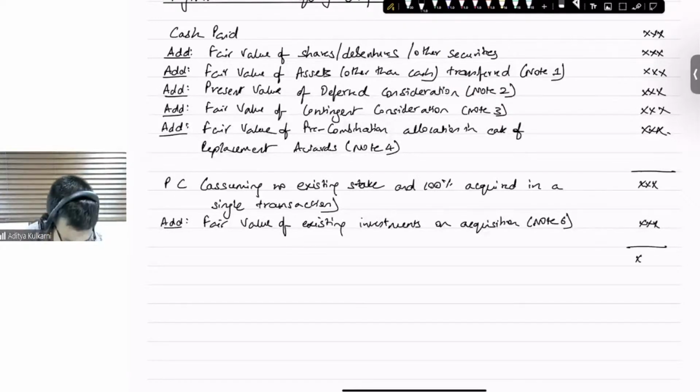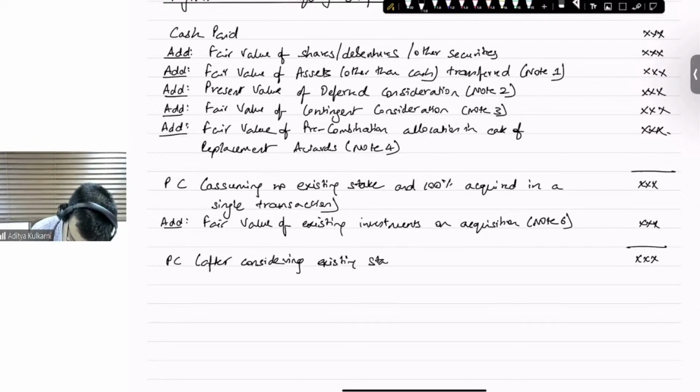So when this is the case, this will be the purchase consideration after considering the existing stake. So this is how your purchase consideration is going to be accounted for.